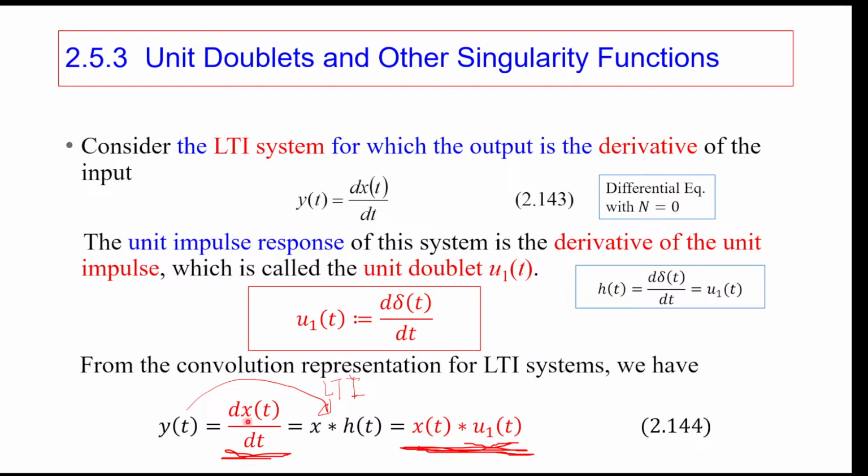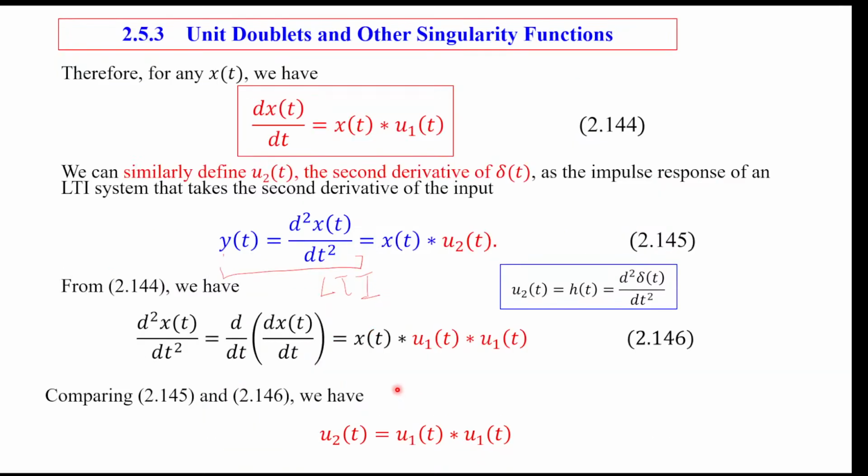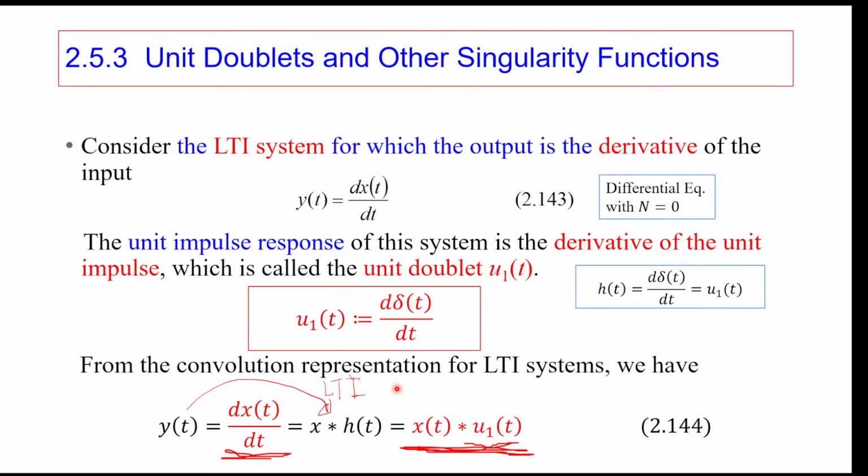We have that for any function x of t, dx dt is equal to x of t convoluted with this u1 of t, which is equal to d delta dt. This is a property we get from our analysis of LTI systems. Okay, and I think it's a good time to break. Let's leave it here to let you think about it.